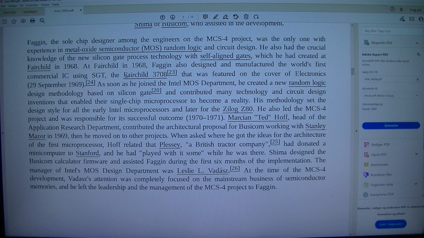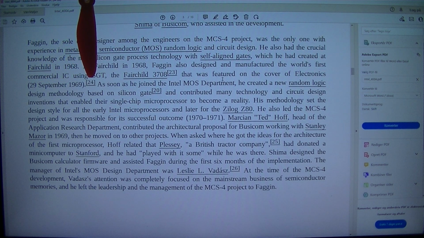At Fairchild in 1968, Faggin also designed and manufactured the world's first commercial IC using SGT, the Fairchild 3708, that was featured on the cover of Electronics, the 29th of September, 1969.